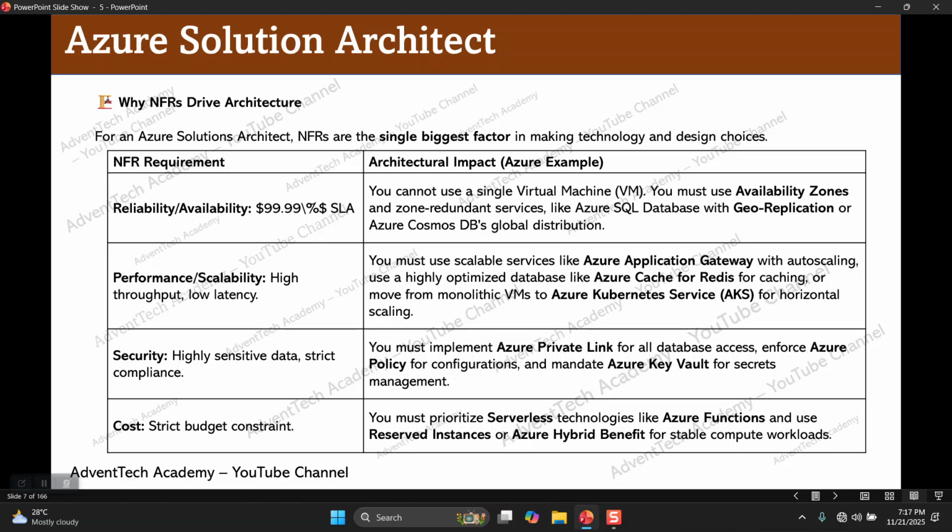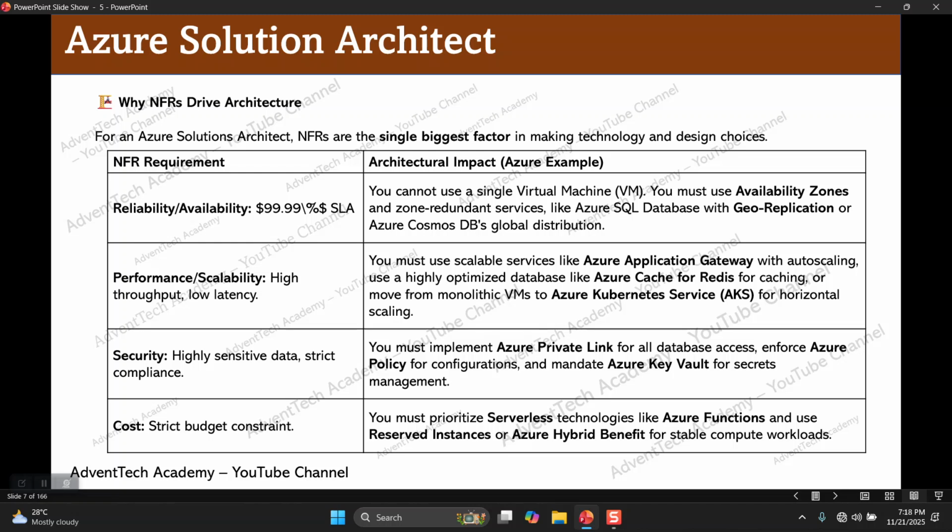You must use availability zones and redundant services like Azure SQL Database with geo-replication or Azure Cosmos DB. So if you want to build a reliable cloud solution, we need to make sure these reliability and availability non-functional requirements are considered.